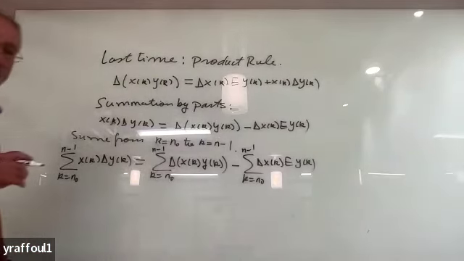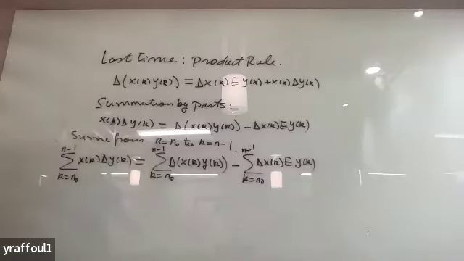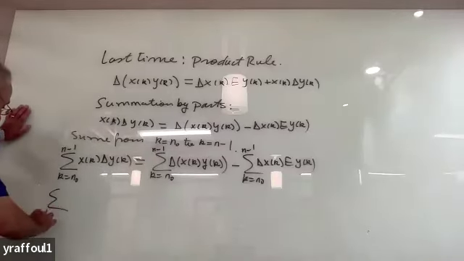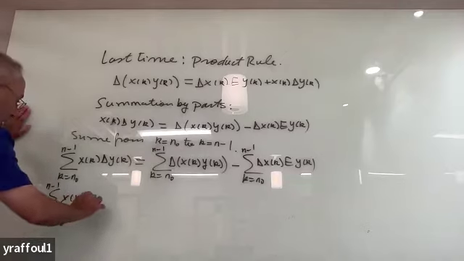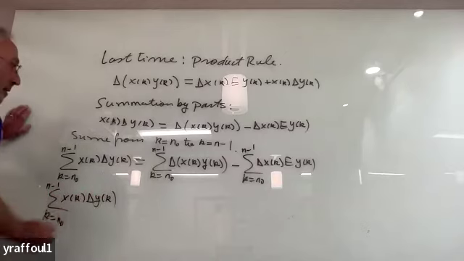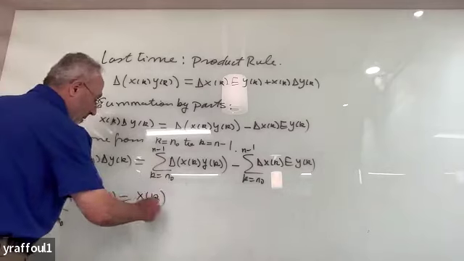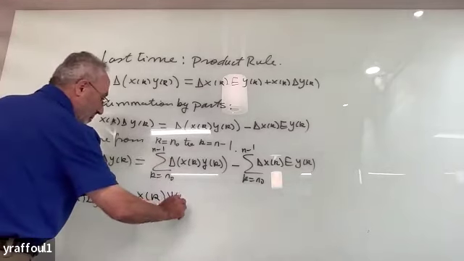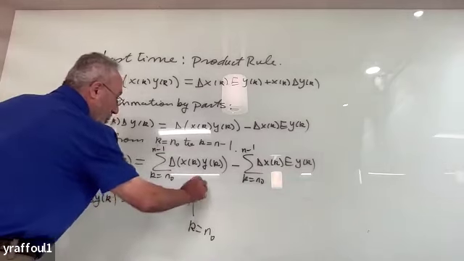Can you see the board fine? Yes. All right, thank you. So now this is the same as the sum from k equal n0 to n minus 1 of x_k del y_k equal to, you see, this is the whole difference, and this is from k equal n0 to n.